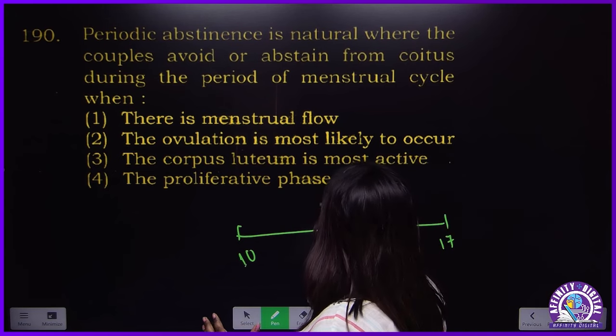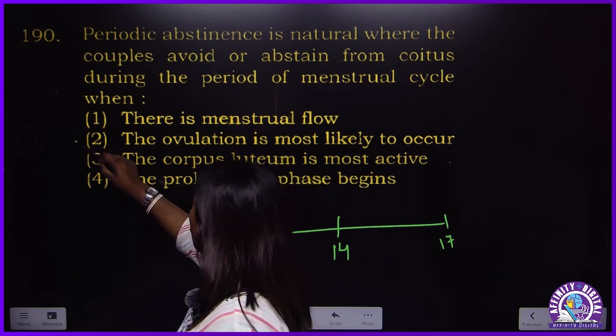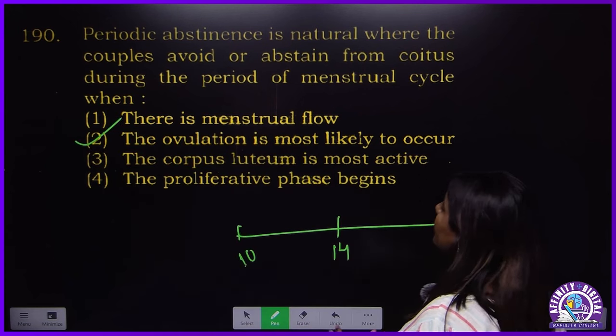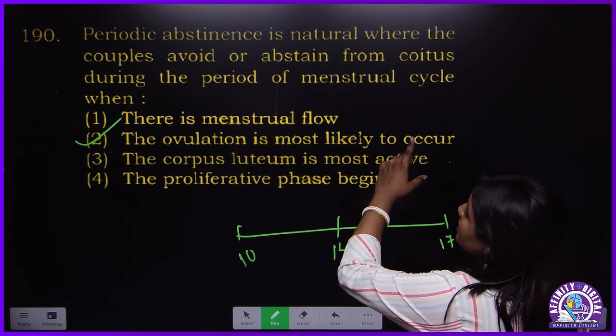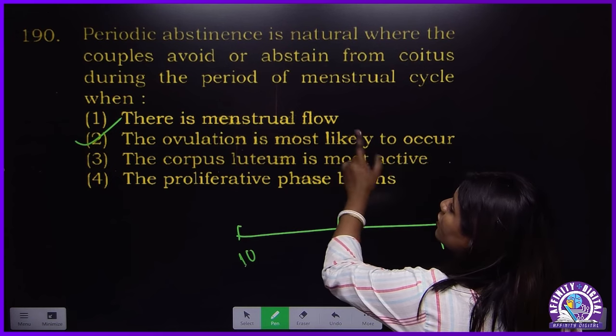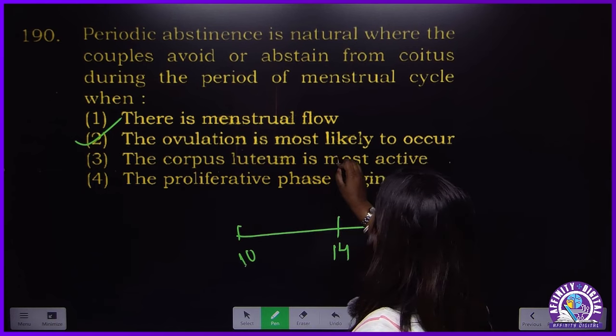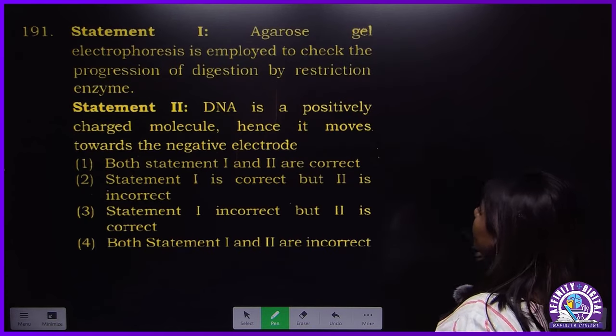When the ovulation is most likely to occur, तभी abstain किया जाएगा. Periodic abstinence is a natural method where the couples avoid or abstain from coitus during the period of menstrual cycle when the ovulation is most likely to occur.